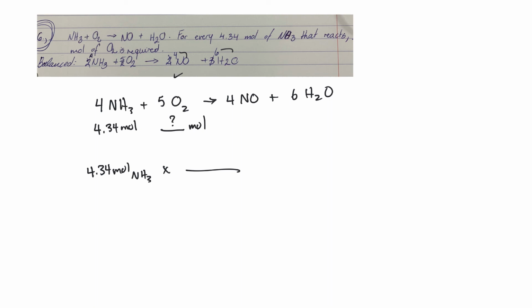So you're wanting oxygen, so you put that on top here, 5 moles of oxygen, and what you've got is 4 moles of ammonia. You can think of it that way. I always think, well, I've got to cancel the moles of ammonia, so I have to make sure the moles of ammonia are on the bottom. Okay, so 4.34 times 5 divided by 4. I think you can do that. Okay, so that's a setup. I'll just do one more.